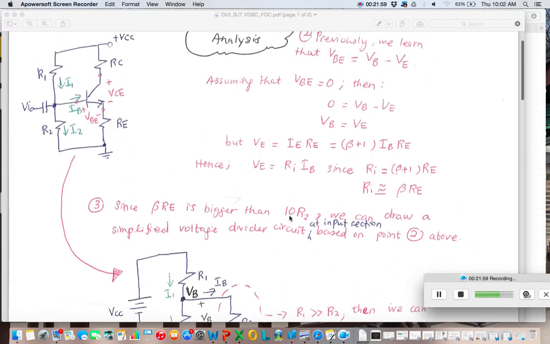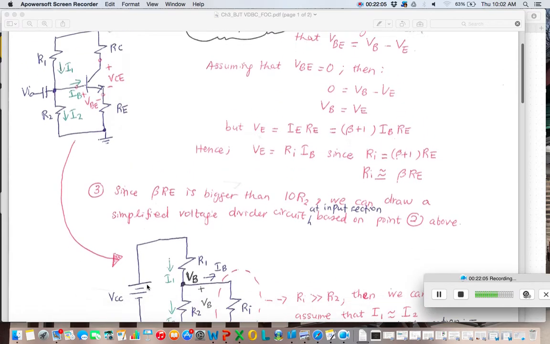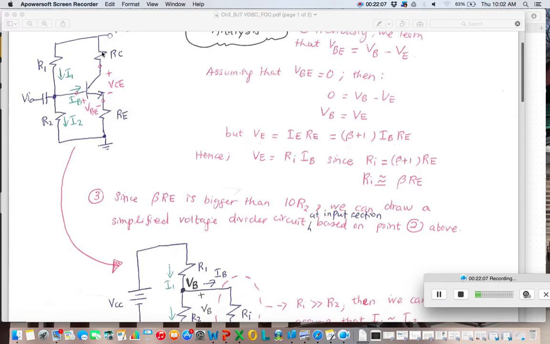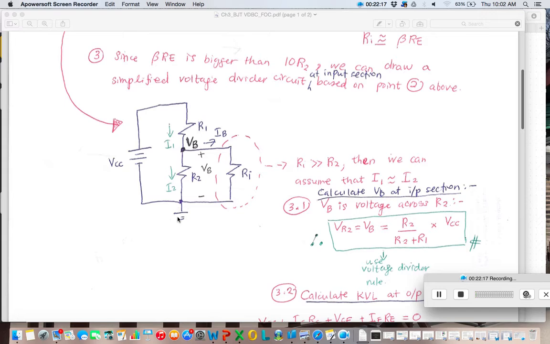So from this circuit, you can draw a simplified one. Here I neglect the output loop section, the RC. I only draw VCC, R1, R2, RE, and ground. This one you need to remember, and you need to practice drawing it.